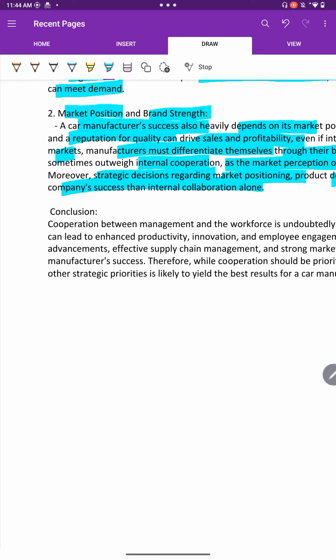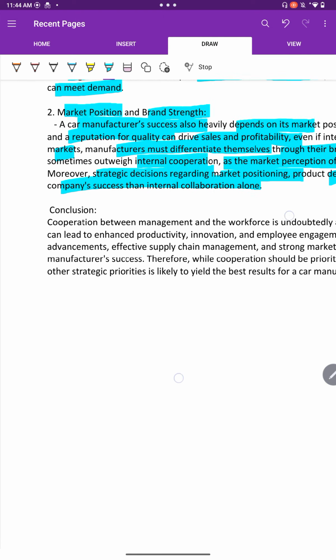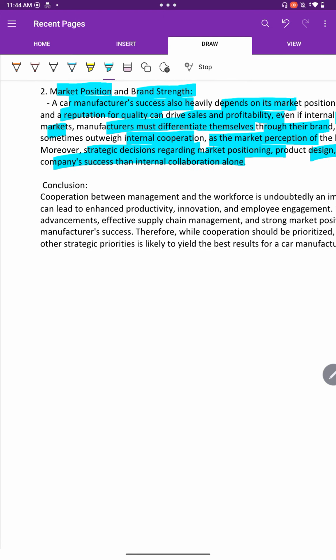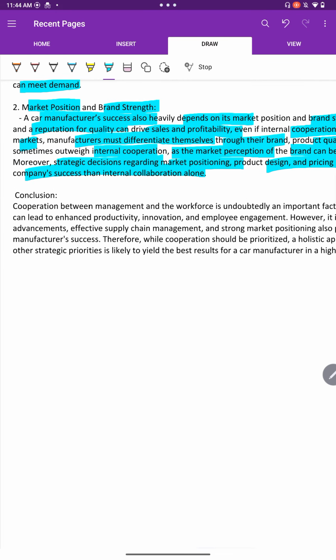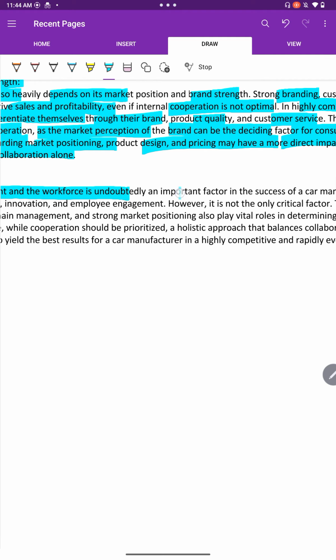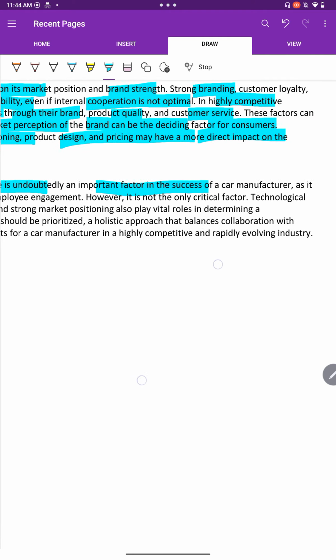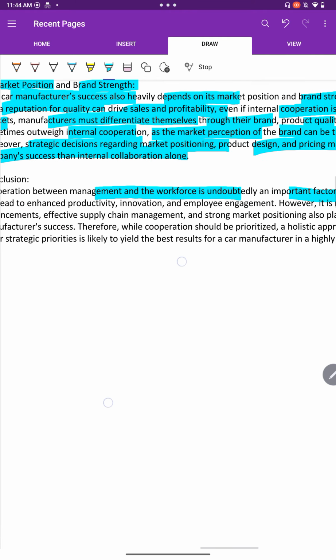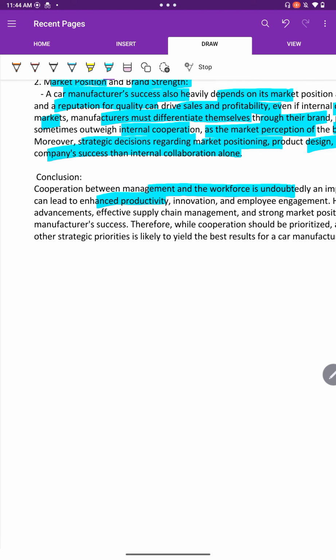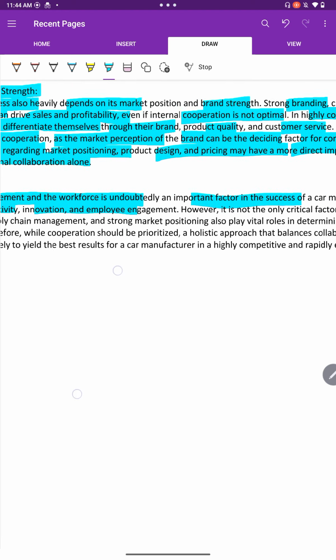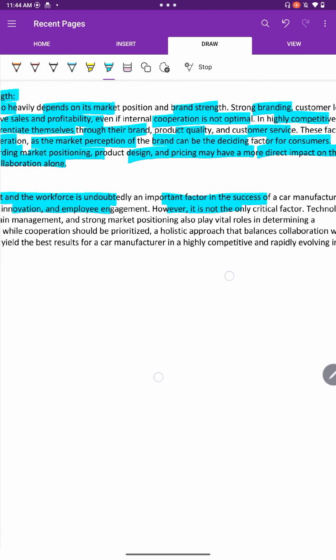In conclusion, cooperation between management and the workforce is undoubtedly an important factor in the success of a car manufacturer, as it can lead to enhanced productivity, innovation, and employee engagement. However, it is not the only critical factor.